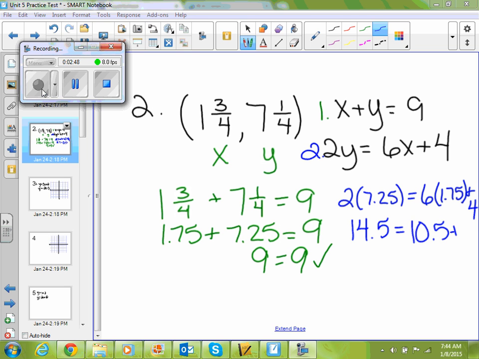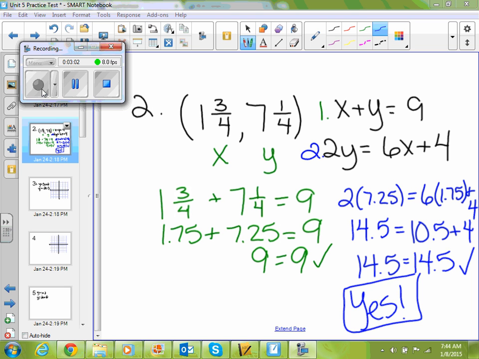So I get 14.5 = 10.5 + 4. 10.5 + 4 is 14.5. So I get 14.5 = 14.5, which is true. And since both of them are true, we say this is a yes. That ordered pair does satisfy that system.